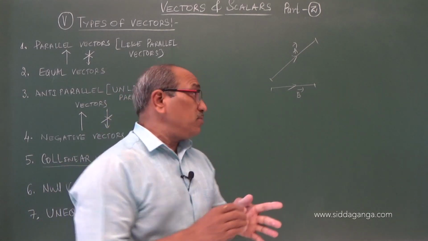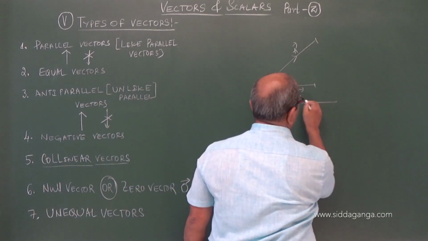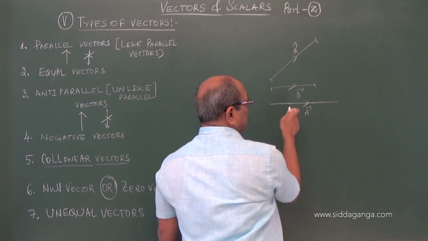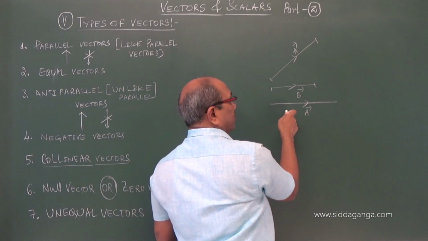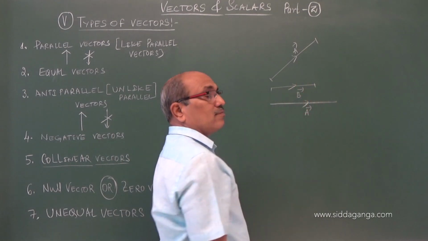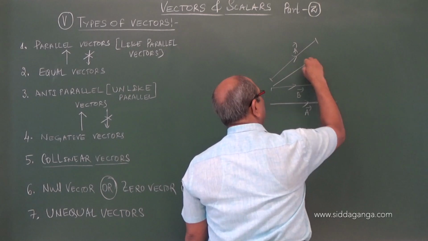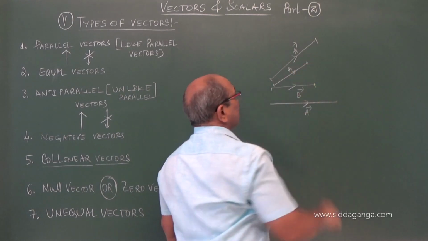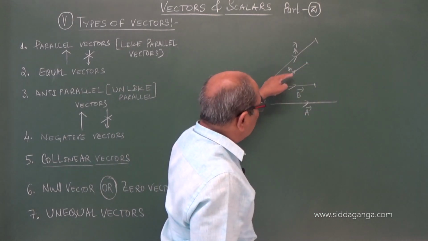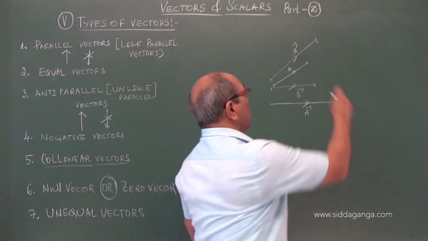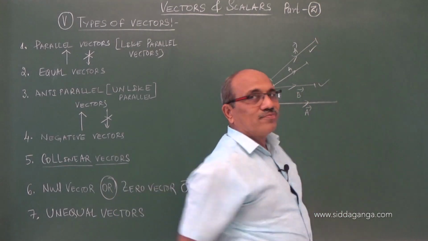Sometimes direction may be same, like this also it may be present. Direction may be same, but magnitudes are different. Or magnitude may be same, I can take like this. Magnitude may be same, directions are different. Or like this, both are different.